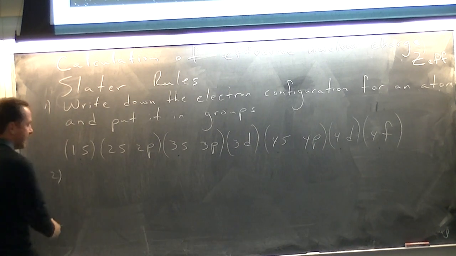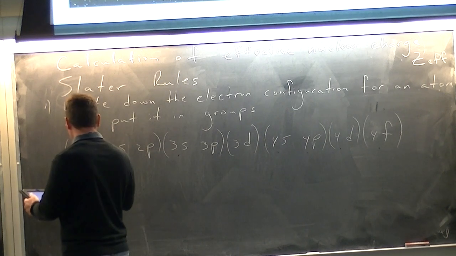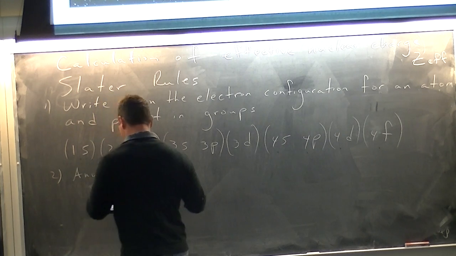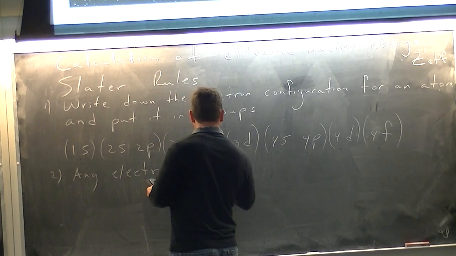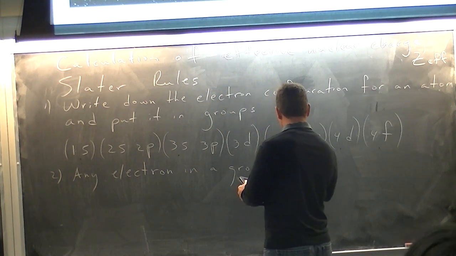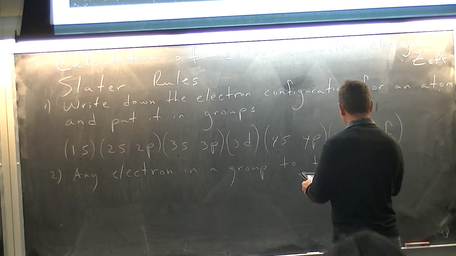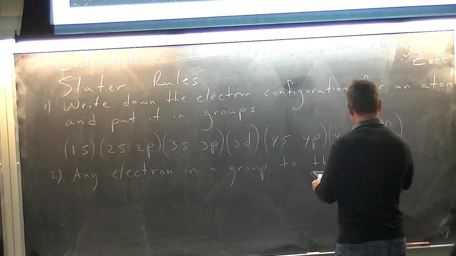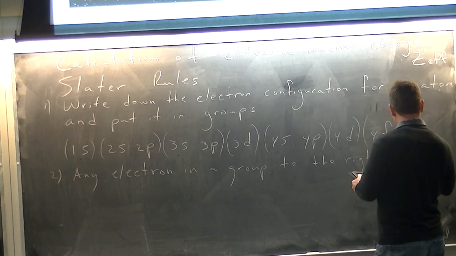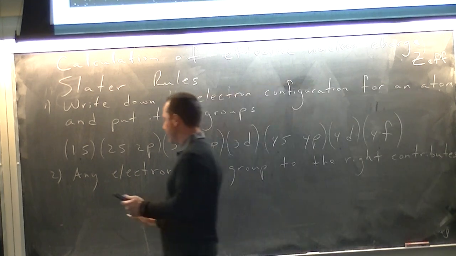The second rule is the following. Any electron in a group to the right contributes to no change.